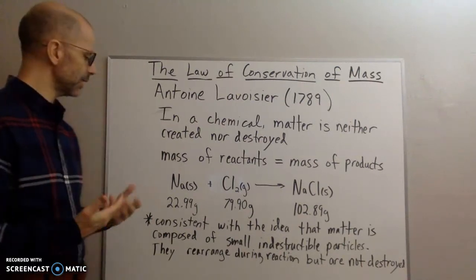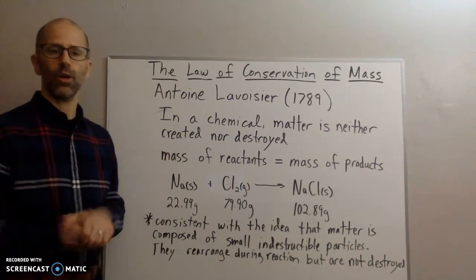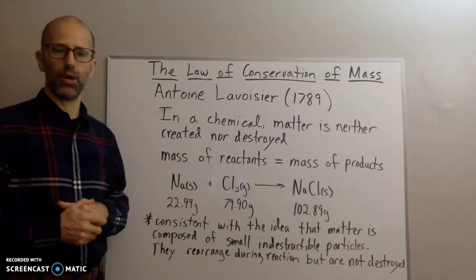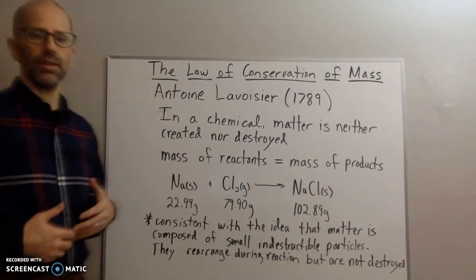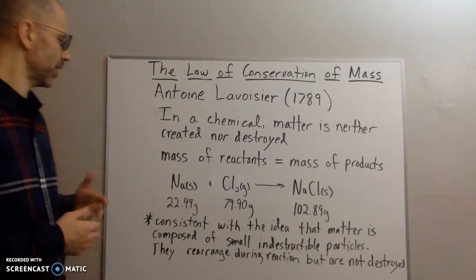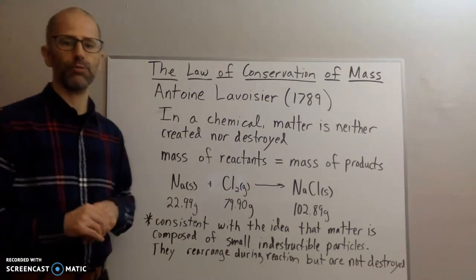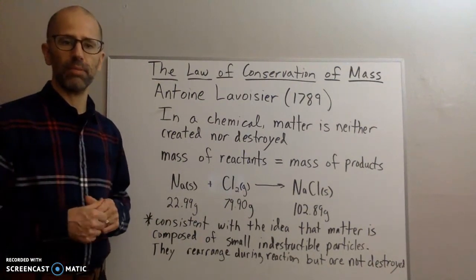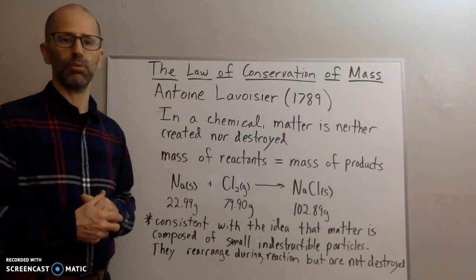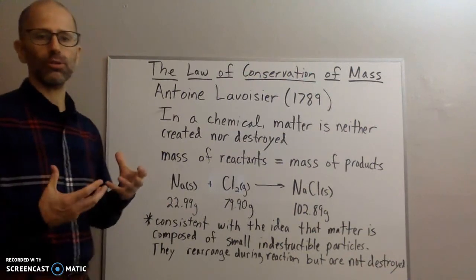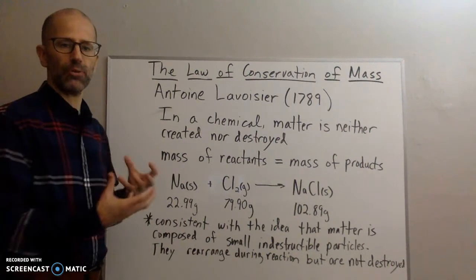So then the question is, how does atomic theory lend itself to explain this? Well, this is consistent with the idea of matter being made up of individual, indestructible particles. These particles do not get destroyed, but they are rearranged.